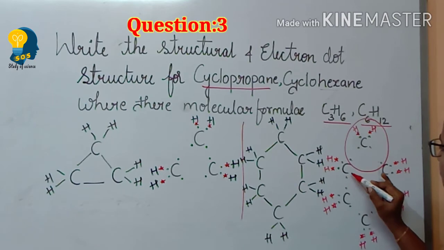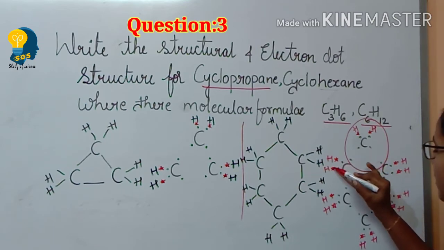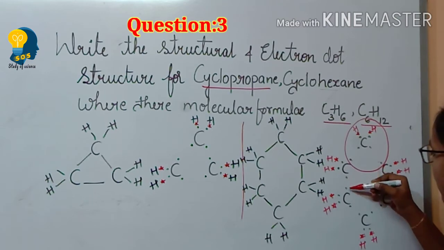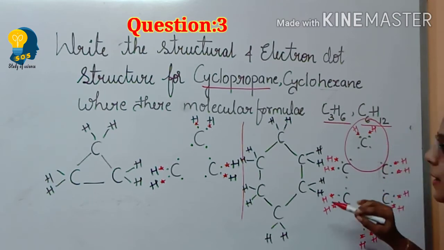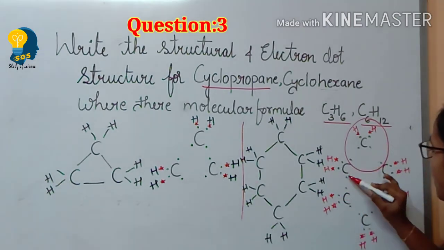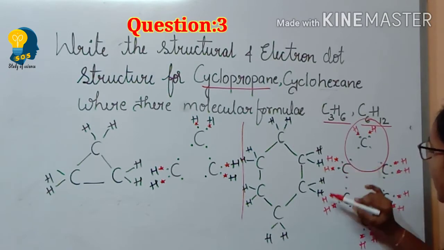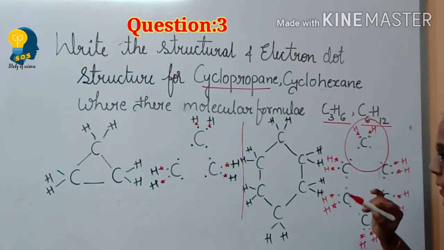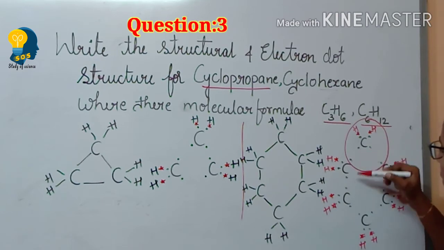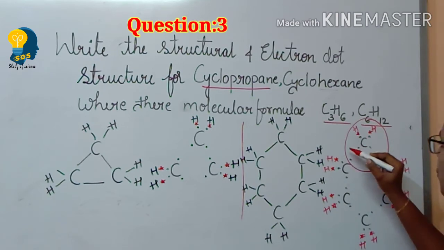See here for this carbon valence electron is 1, 2 and then 3, 4, 5, 6 and it is bonding, see, 7, 8. I repeat, valence of carbon 1, 2, 3, 4, right? And 2 electrons from hydrogen and it is sharing with other 2 carbon atoms, that is 2 electrons.